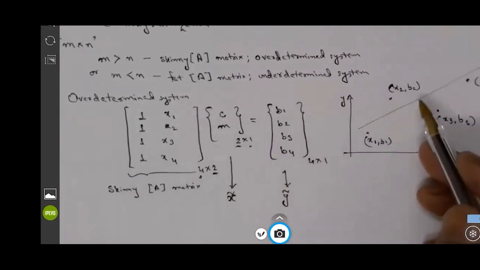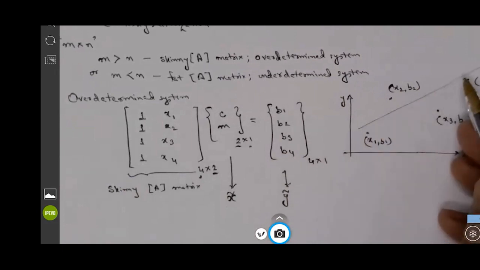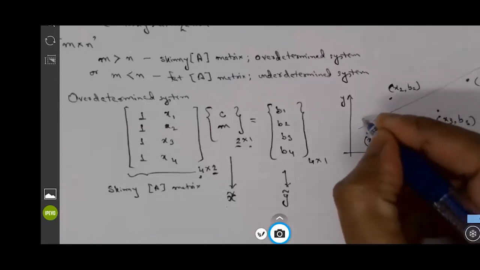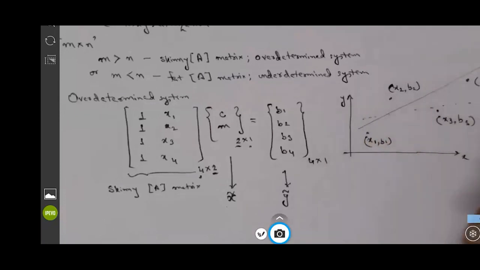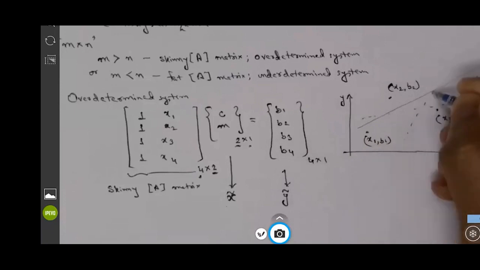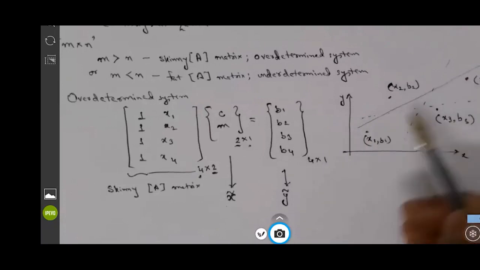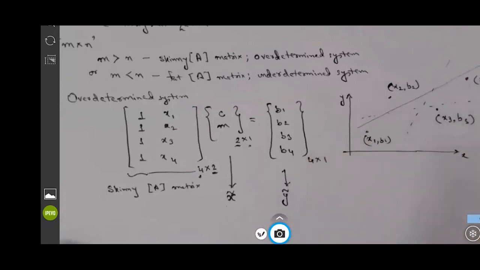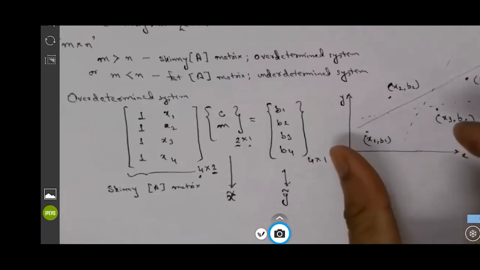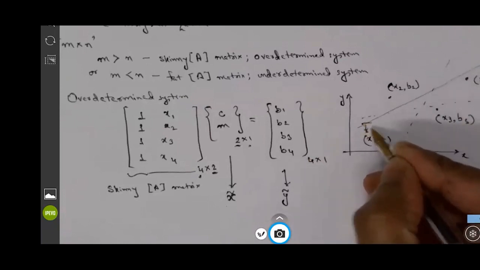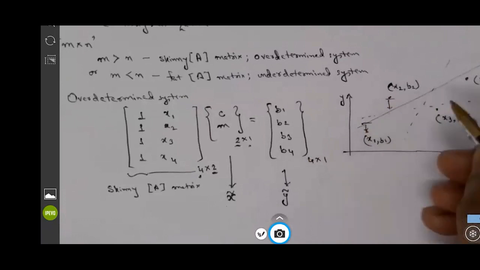Now, there are many ways you can fit a straight line. You can fit it like this, or like that, or it can also go like this. So there can be many possible ways that a straight line can be fitted through this set of data points. What we are interested in is to fit a straight line such that the error from each of these is as small as possible.